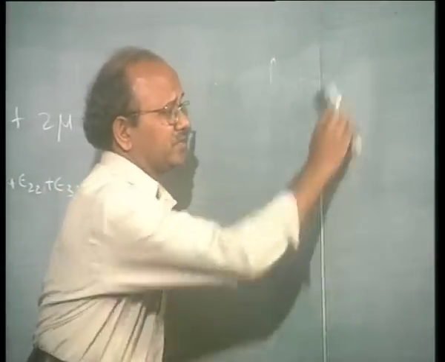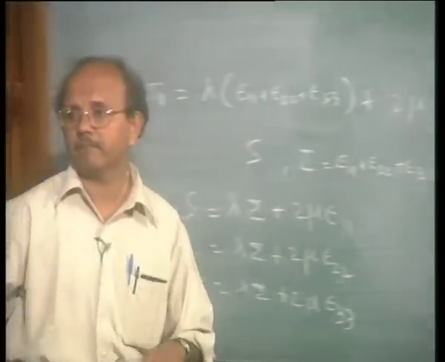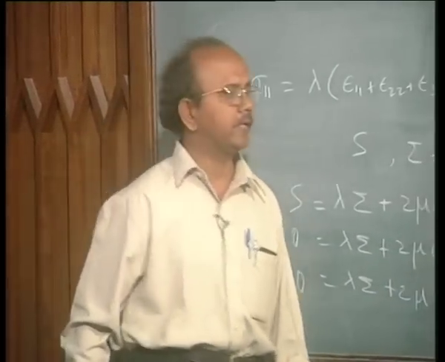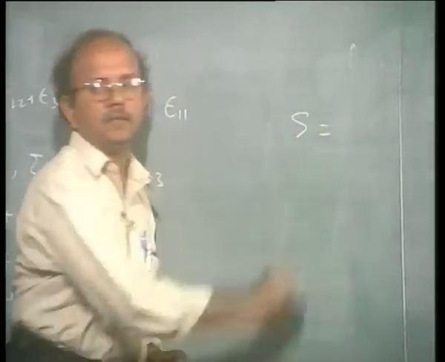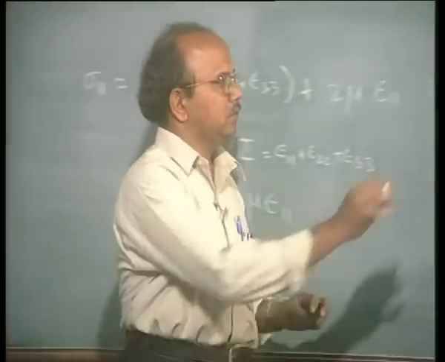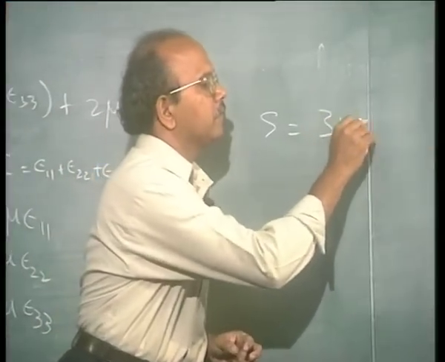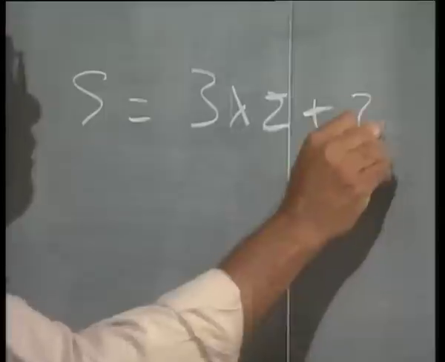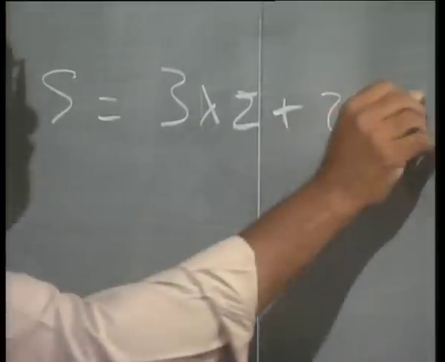Let us now sum them up. Sum these three equations, 1, 2 and 3. So what do we get? S is equal to 3 lambda sigma plus 2 mu sigma.